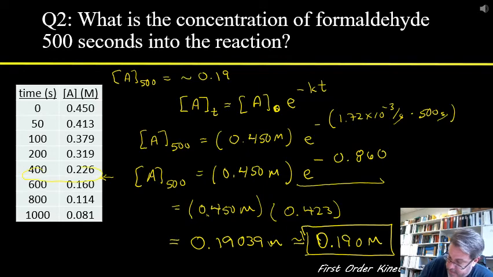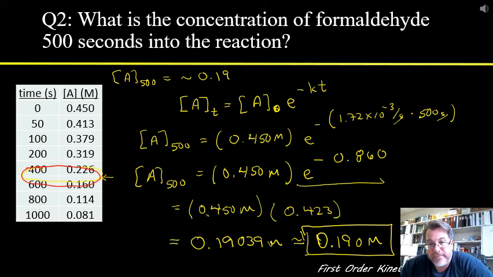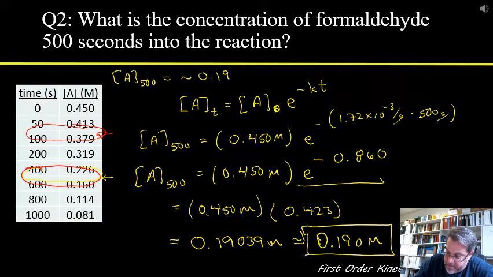That makes sense because 500's right in here. All right. So, just as I did before, since we're not in the classroom, you've got all the time in the world, I would encourage you to pick a couple others and give them a try. You could try to estimate the concentration at 75 seconds, right here. It's somewhere between 0.413 and 0.379, so maybe, let's try green, we haven't done green before. Yeah, 75 seconds.